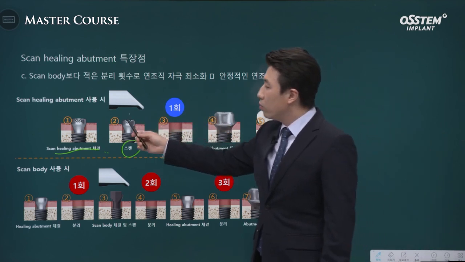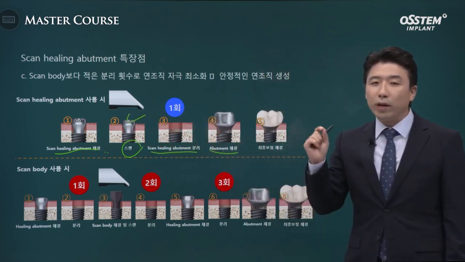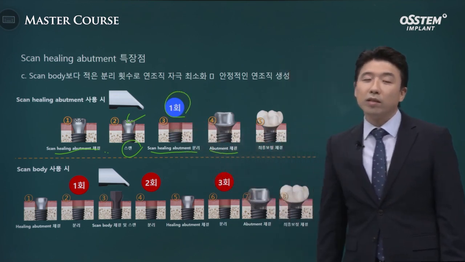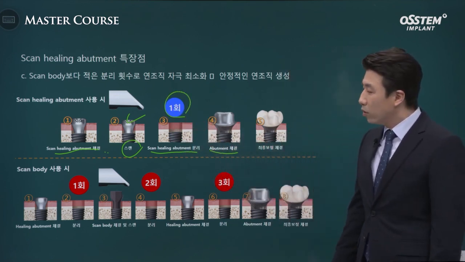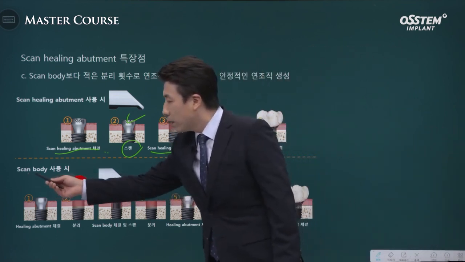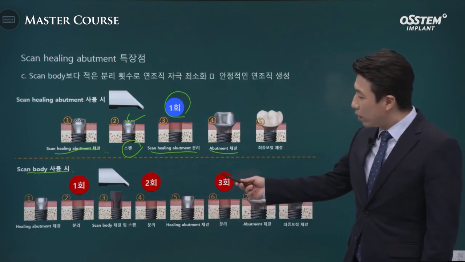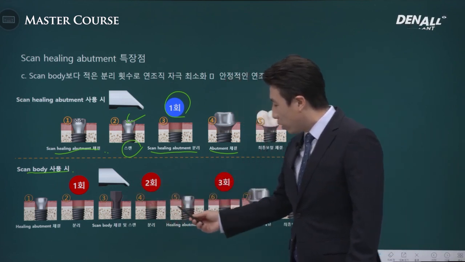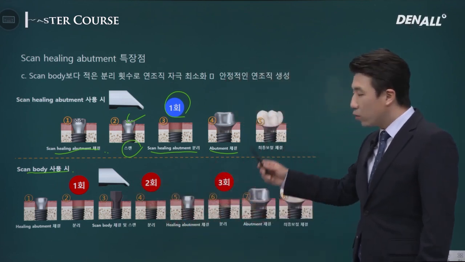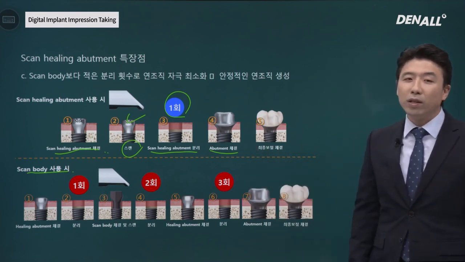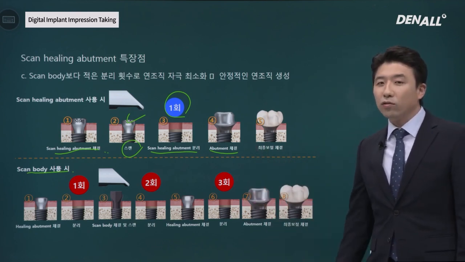During surgery, there's no need to remove it, so it is removed only once during the delivery. It's a great advantage. When we use a scan body in a traditional way, the healing abutment should be removed, a scan body should be connected, and the healing abutment needs to be connected again, so the removal happens quite a lot.